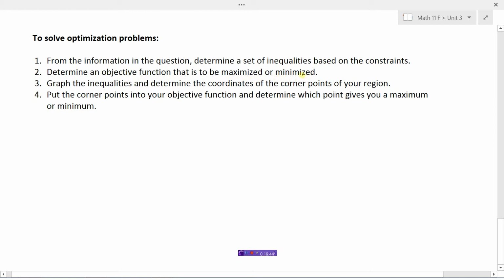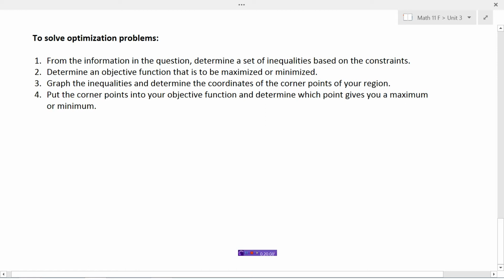Then once we have all this information, we graph the inequalities and find out what the coordinates of those corner points are of our shaded region. And then we take each one of those corner points and put them into our objective function, and find out which point is giving us a maximum value and which point is giving us a minimum value.